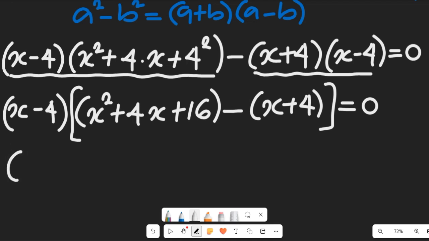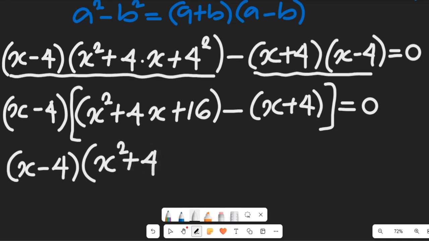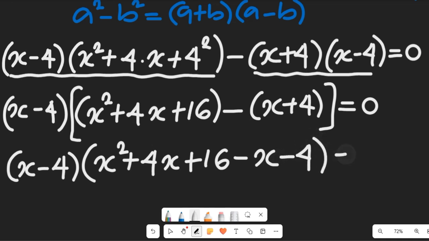If I simplify the inner part, I'll have x minus 4 standing alone, and this is going to give me x squared plus 4x plus 16, and this is going to give me minus x minus 4, and this is equal to 0.